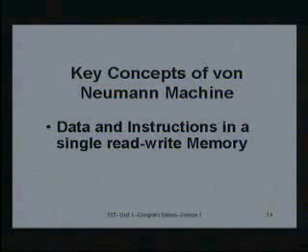I have already defined the basic three components, but in addition I would like to define the key concepts behind the von Neumann architecture. The first key concept is that data and instructions, which we were talking about separately, can be stored in a single read-write memory. That was the first concept put forward by von Neumann.